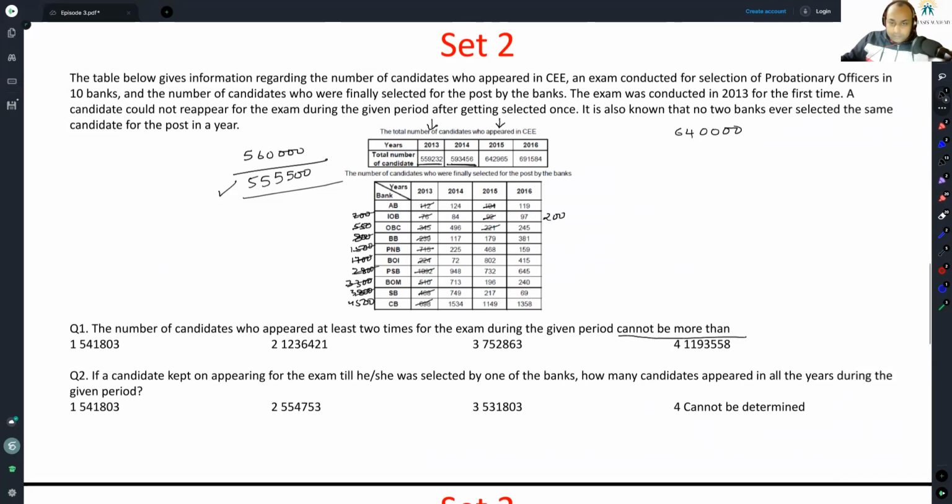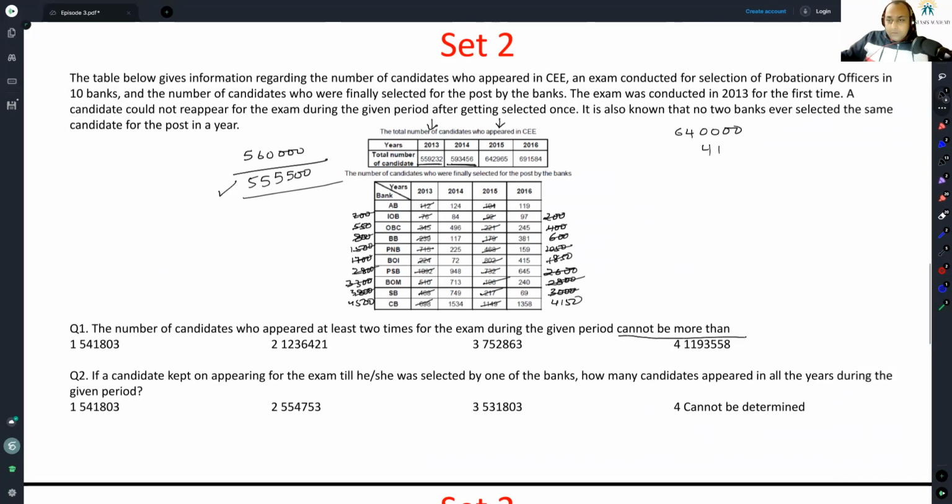200, 400, 600, 1050, 1850, 2600, 2800, 3000, 4150.